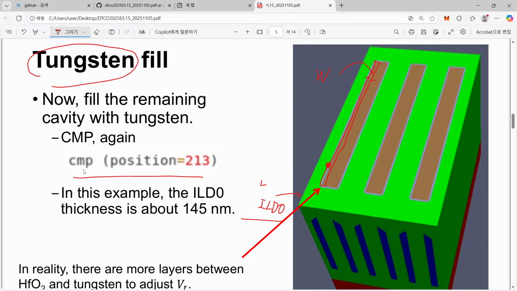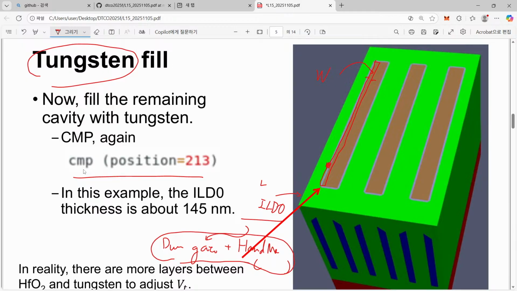So this ILD0 level is quite important because that is the reference level for our several CMP steps. And please note that this ILD0 level was more or less determined by the height of our dummy gate and also the height of our hard mask, of course minus a certain process margin and over etching depth. So this is the one we have.